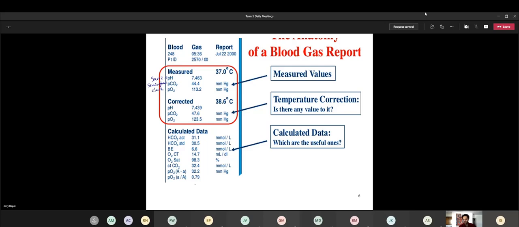And then from there, it's going to be able to calculate the bicarb, base excess, SaO2, A gradient, and things like that.